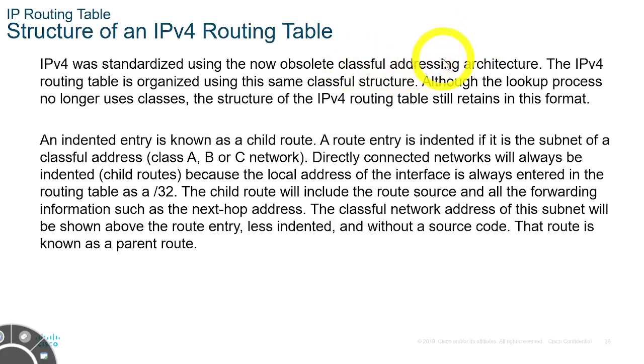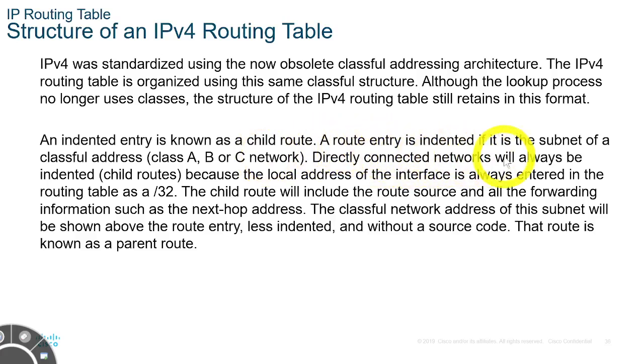Okay. So an indented entry, where you make a space, is known as a child route. A route entry is indented when it is a subset of a classful address. Remember, classful addresses are with the /8, /16, /24.